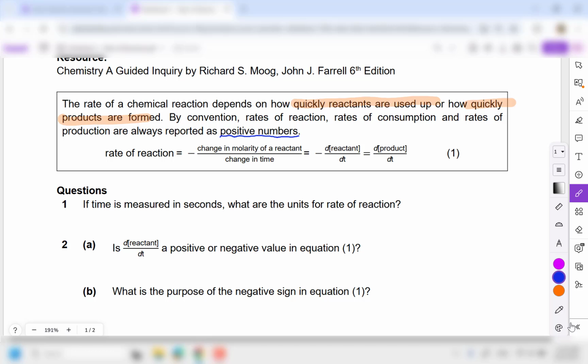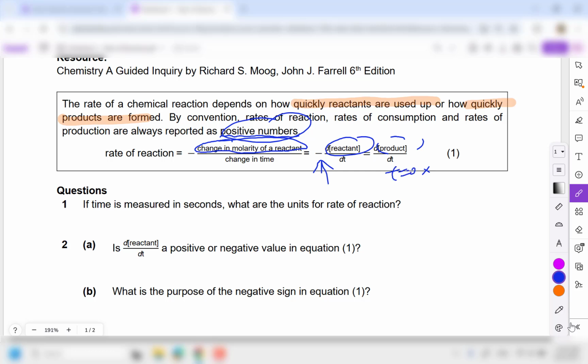So from what we mentioned earlier on, if you look at the change in the molarity of the reactants or the products, we are really looking at how the concentration changes with respect to time. Of course, because rates are always reported as positive numbers, you need to put a negative sign over here. Why is that? Because for reactants, say initially you have X amount at t equals 0.